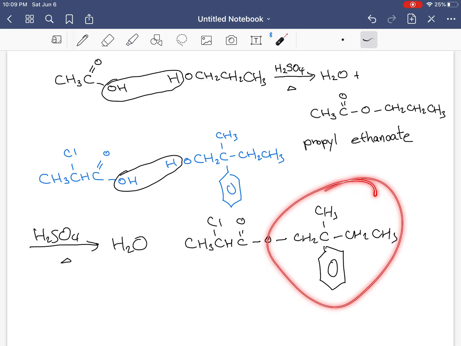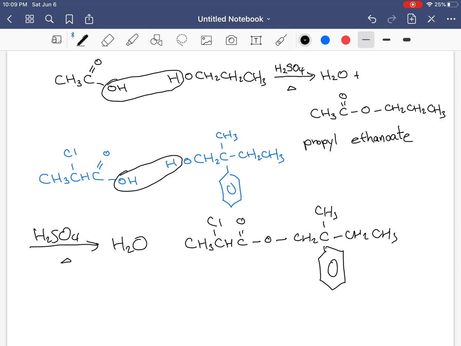Alright, so let's take a look at how we're going to name this. Because there's a side group involved, what are you going to do? Now, numbering. Numbering is a pain in the butt. Why? Because there's two sets of numbering here. And the guide is this oxygen. This oxygen will be called the midpoint of your ester molecule.